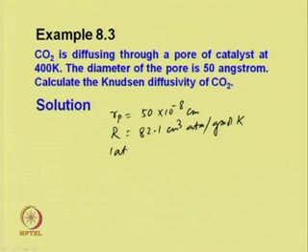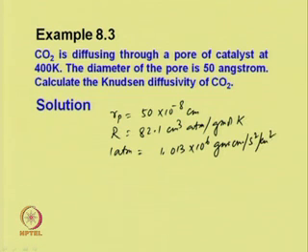1 atmosphere is equal to 1.013 into 10 to the power 6 gram centimeter per second square per centimeter square, T is given as 400 Kelvin and m is 44.